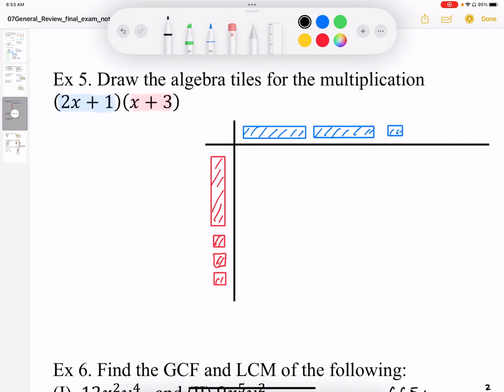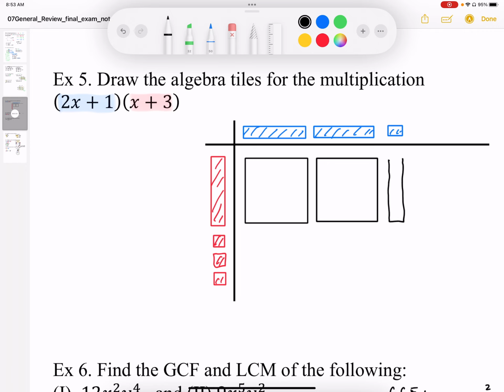And when we do that, the product or the answer is going to be the space in the middle. So we're going to have 1x squared, 2x squareds in that space, and then we also have that thinner space here, which is going to be our x tile.